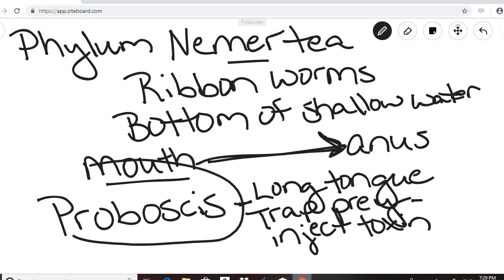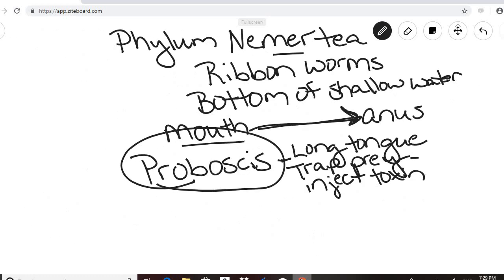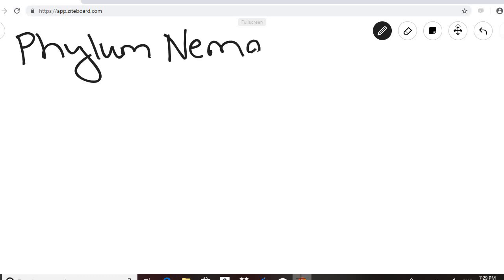So this proboscis is a unique characteristic of phylum Nemertea. Okay, next we will talk about phylum Nematoda. And phylum Nematoda are the roundworms.